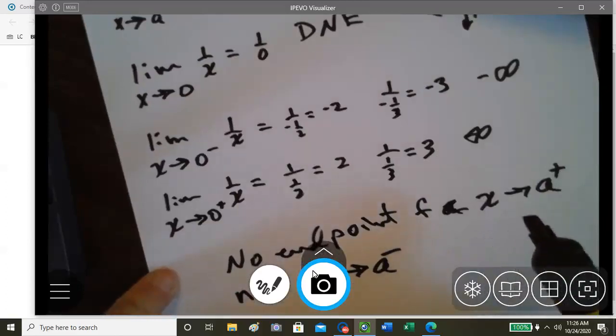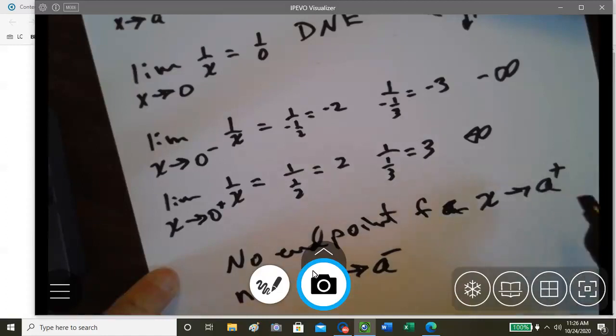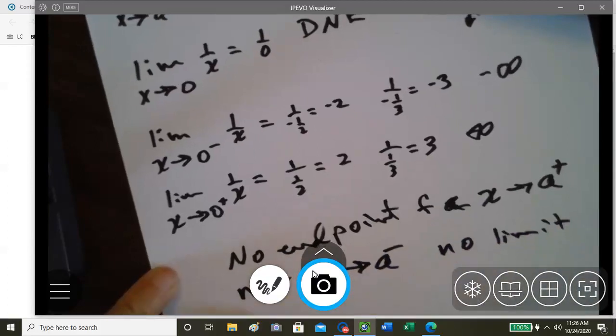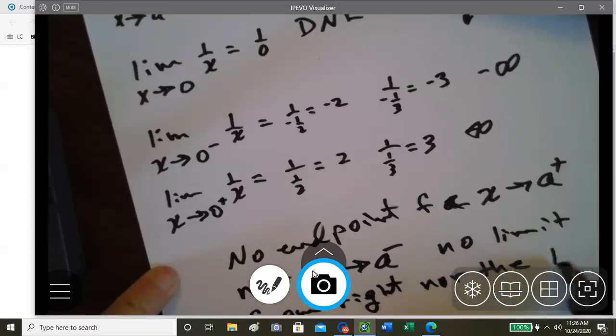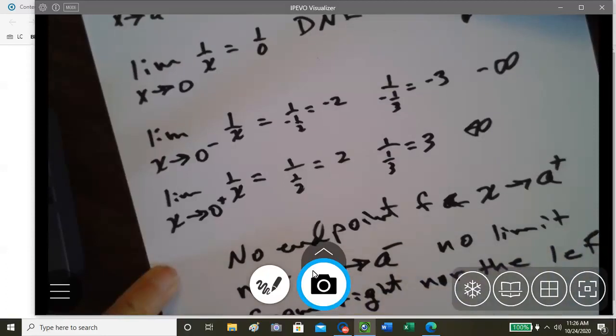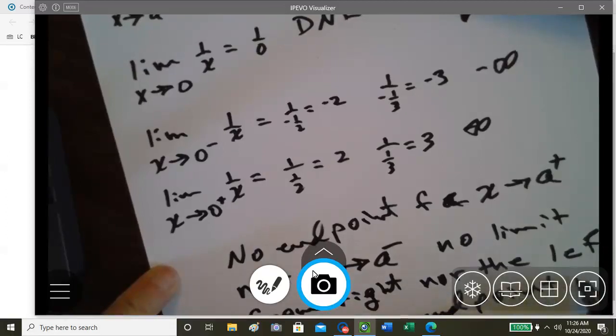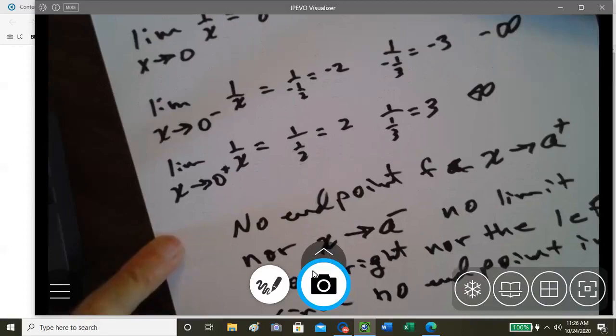So there is no limit from the right nor the left, since there is no endpoint in the interval.